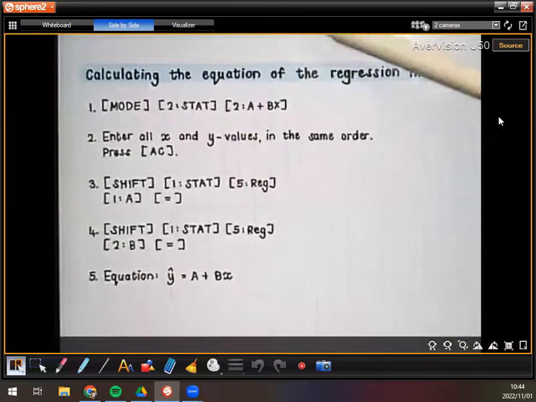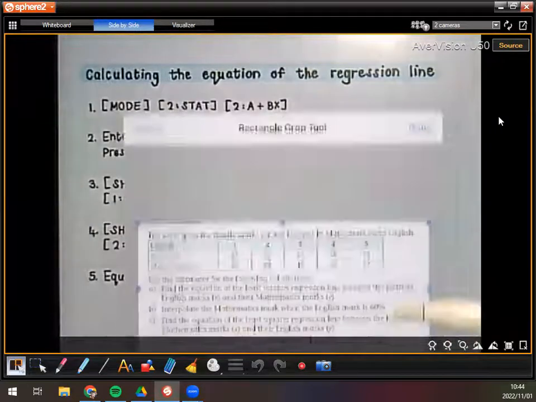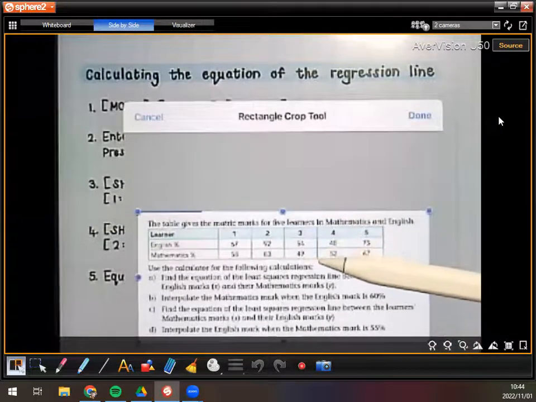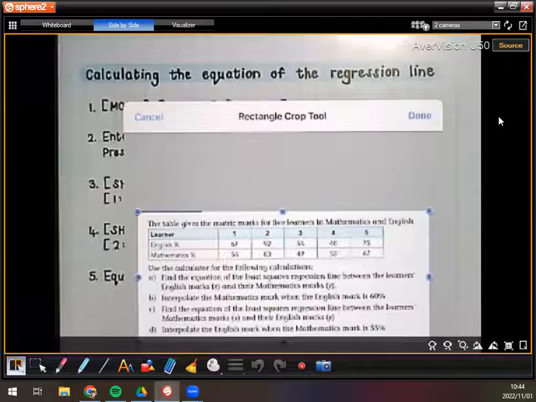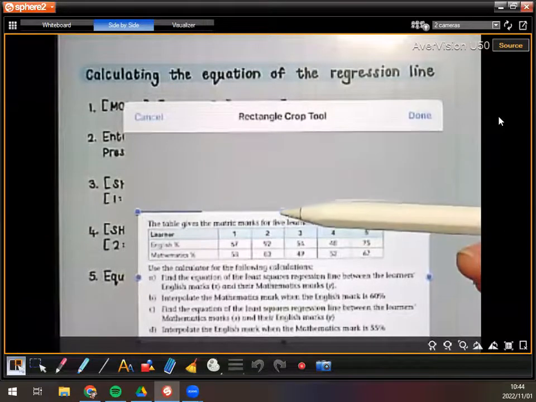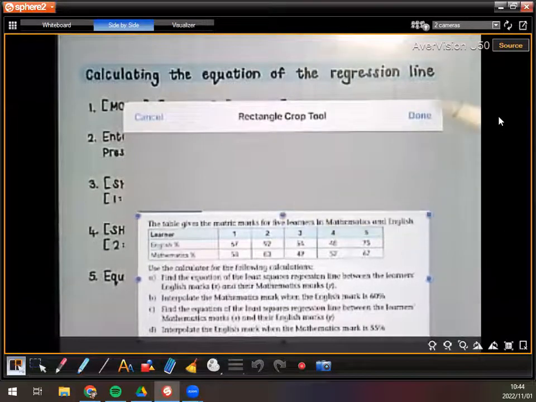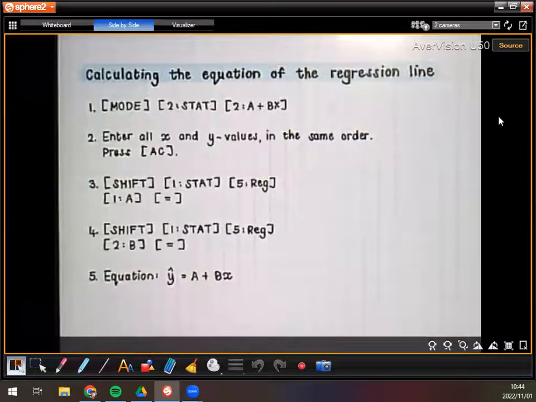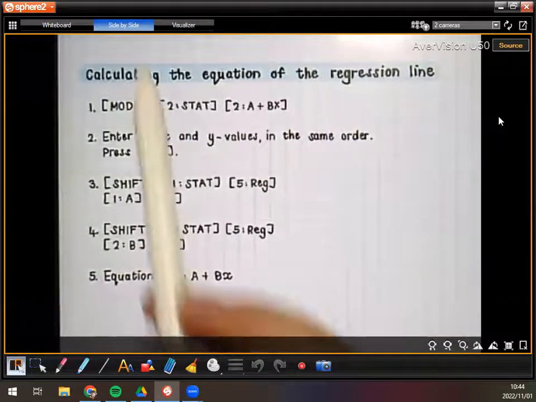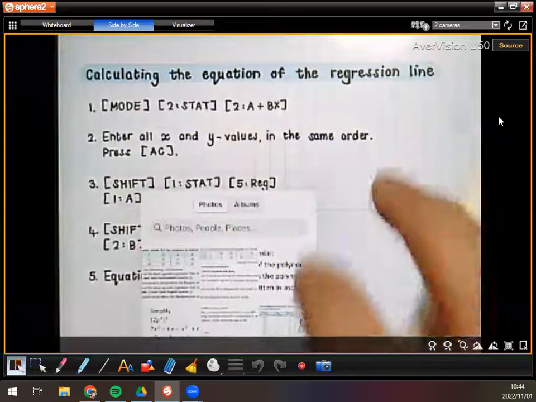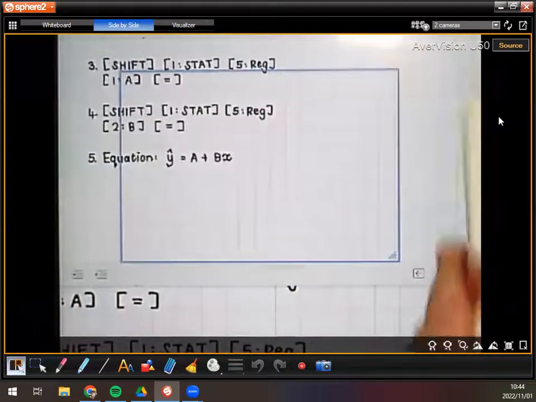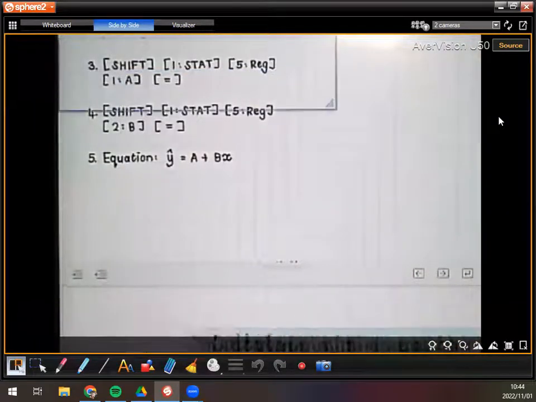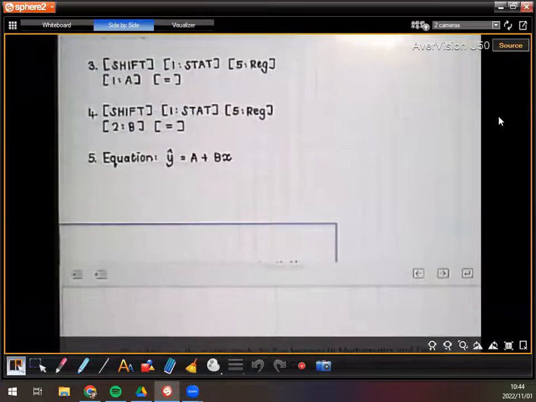I just want to check, did any of your classes last year do Venn diagrams with 3 circles? 2 circles, yeah. So where did he go?